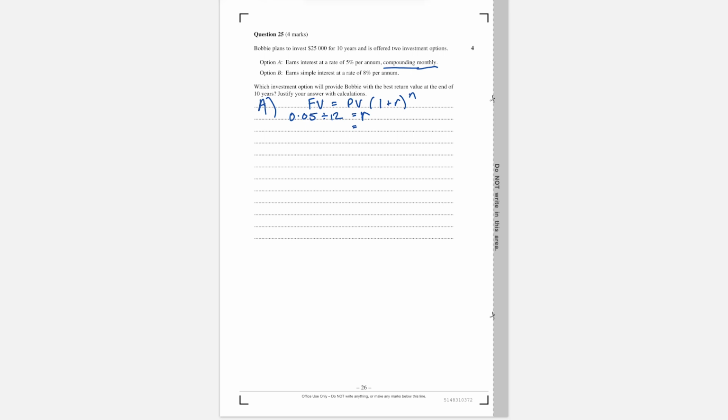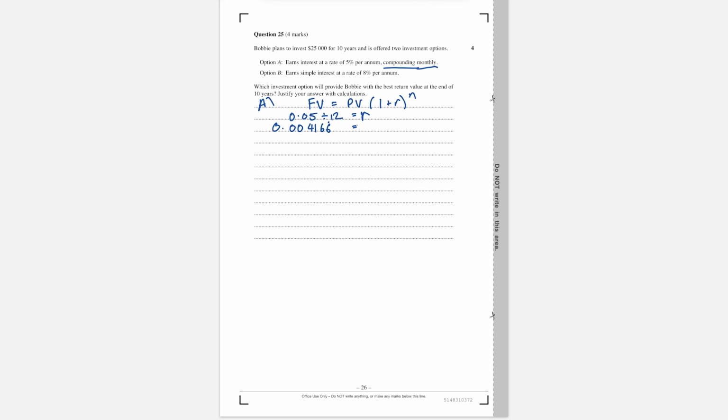Okay, and let's see what that comes out to with our calculator. 0.05 divided by 12 gives us 0.00416 repeating.